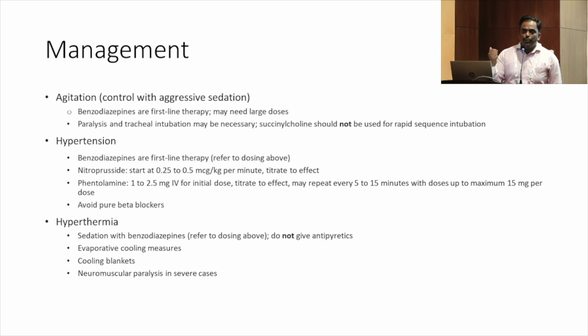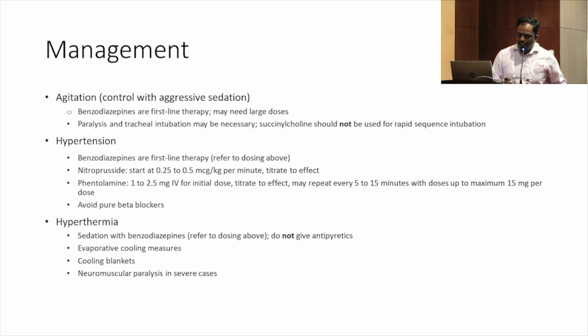Don't give pure beta blockers, because if you give a beta blocker, heart rate will come down, but there will be a pure alpha action which will increase your afterload and thereby decrease your cardiac output, which in turn can cause MI and other things.